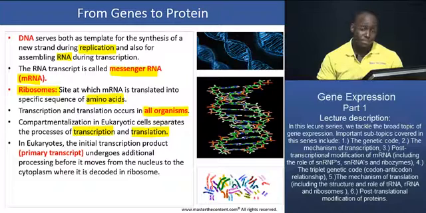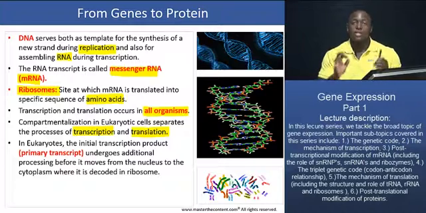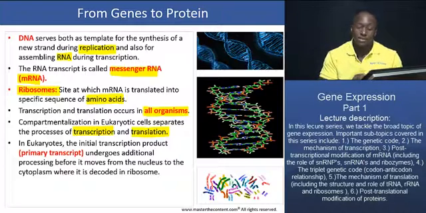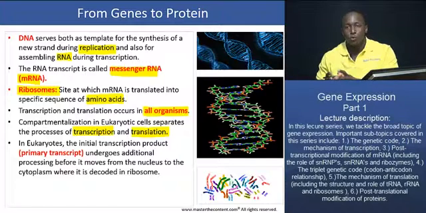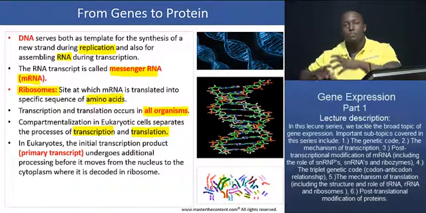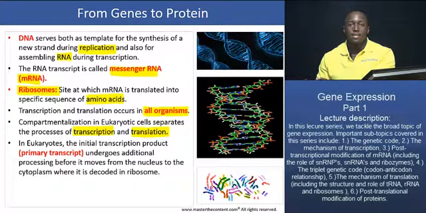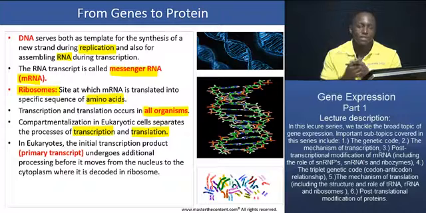Now, another important distinction that I need to talk about before I move on is the processing of transcripts. Typically in prokaryotic cells, the transcription product, or the mRNA transcript, is ready for use. As soon as it forms, it can be used as a template to direct the synthesis of a polypeptide chain, to direct the formation of a protein. Eukaryotes, on the other hand, have somewhat of a different situation.